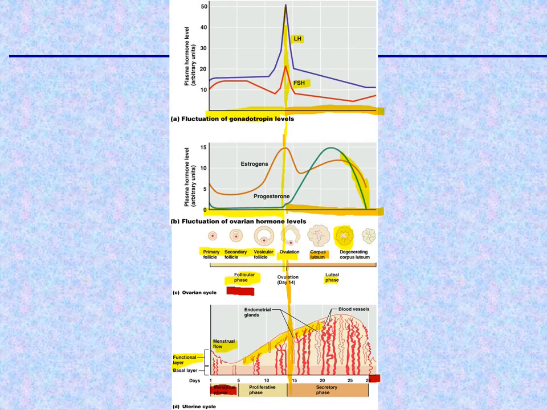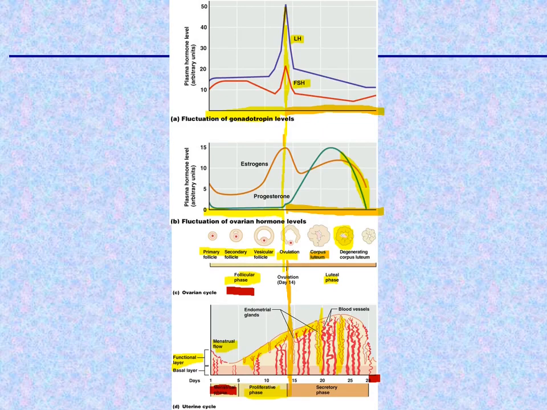So this is really what's called here the proliferative phase before ovulation at day 14, and then the secretory phase when endometrial glands are more active and the wall is particularly optimal for implantation of a fertilized egg, receiving and allowing a fertilized egg to implant into the wall.